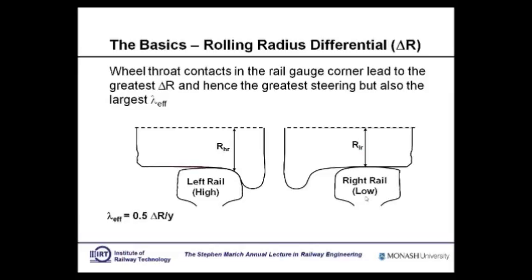Now, high steering forces you require in curve track so that you don't wear the hell out of the rail that is on the outside of the curve. So that's it. That's 2 out of whatever.